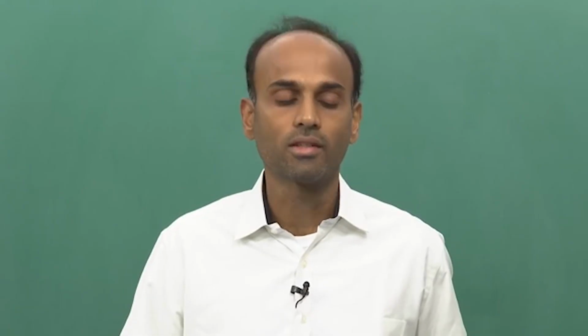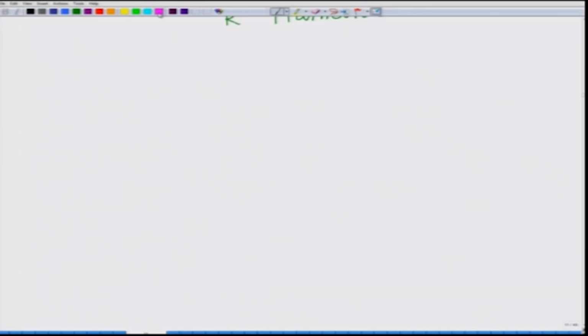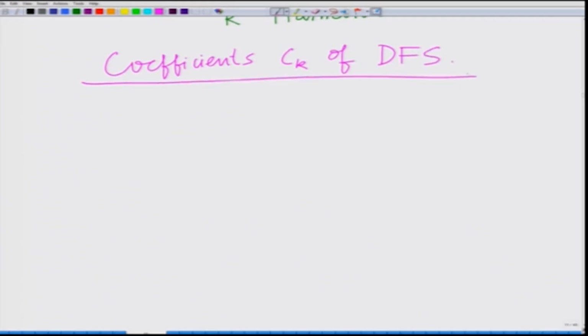Okay. Now, let us look at how to find the coefficient Ck in the discrete Fourier series. Let us try to make it Cl, since we are already using k as the index of the discrete Fourier series.